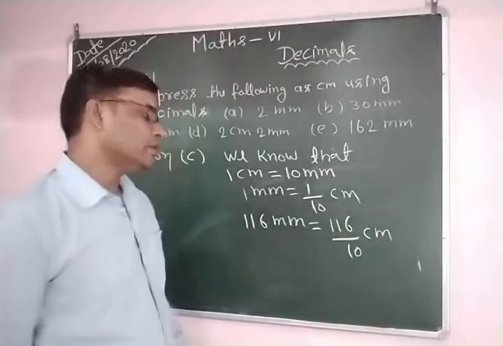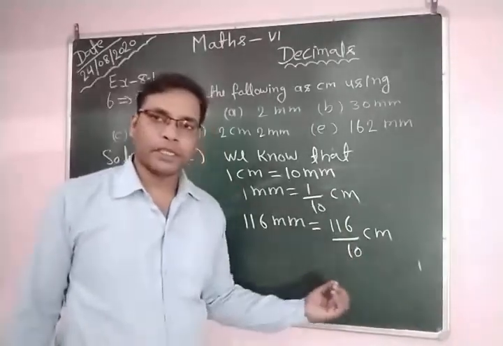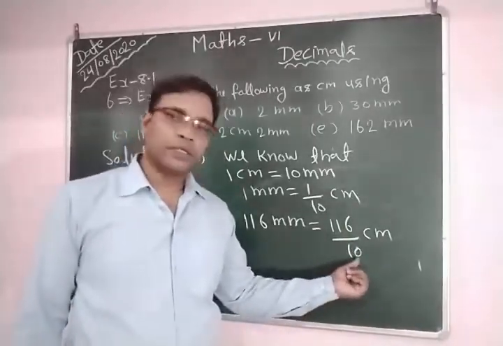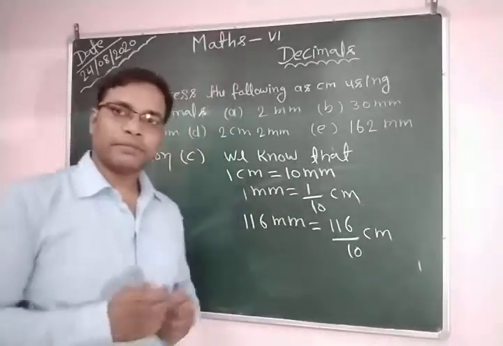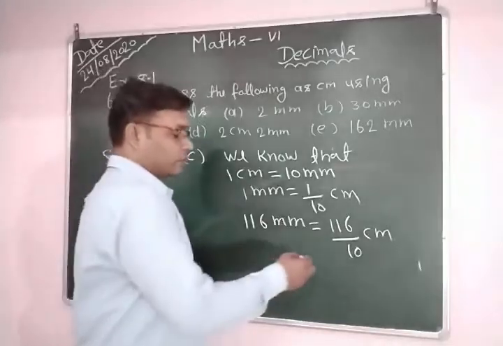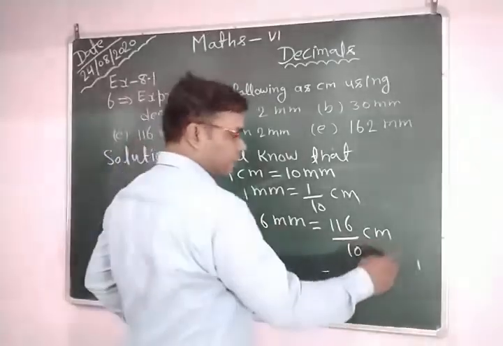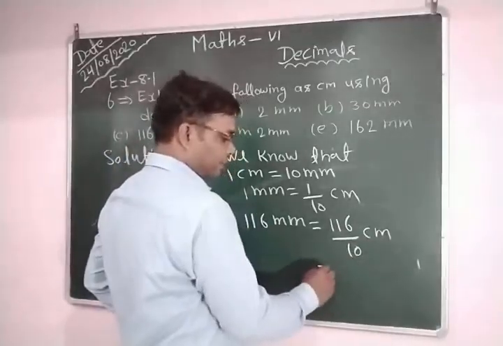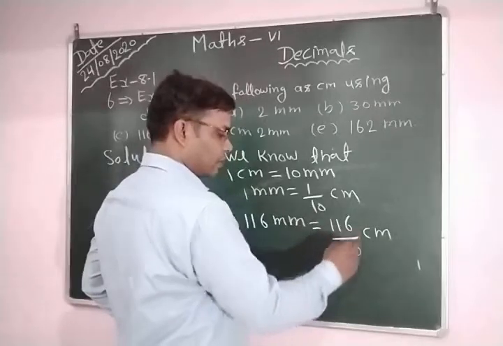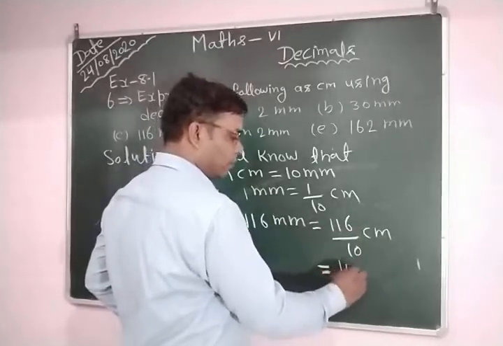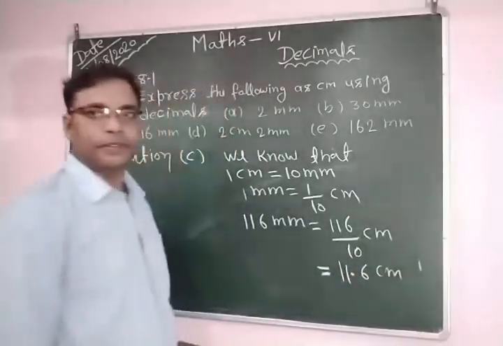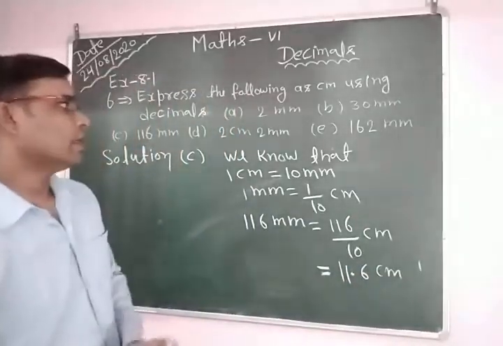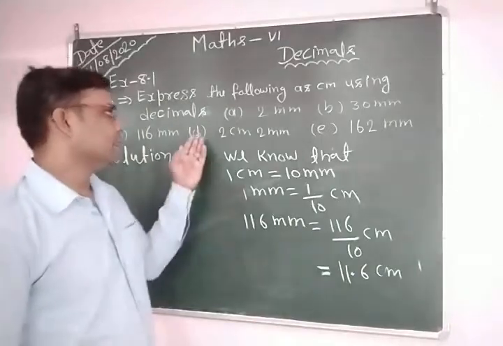You can see in the denominator the number of zeros is 1, so we put the decimal after 1 digit from the right. This is equal to 11.6 centimeters.